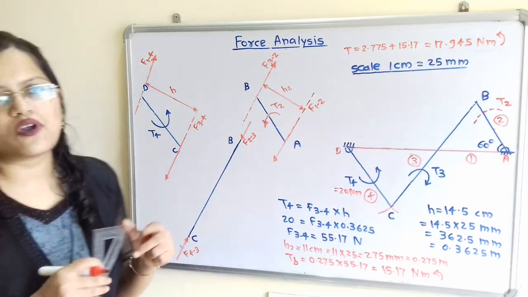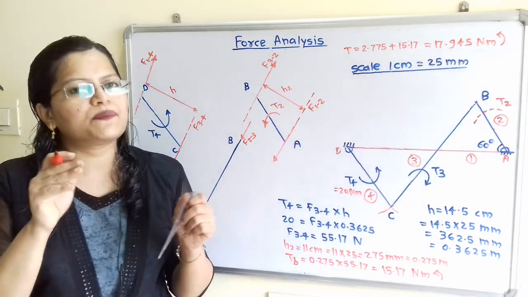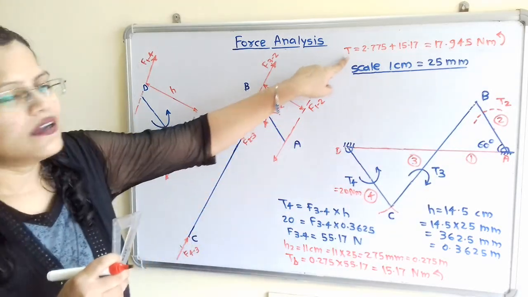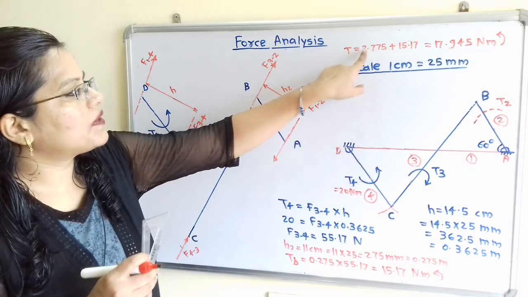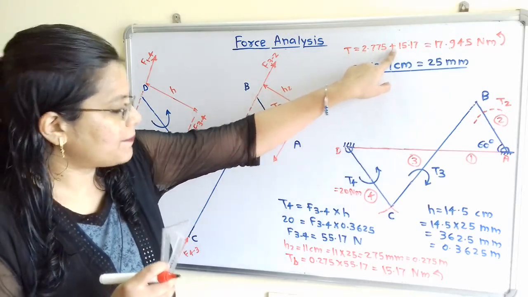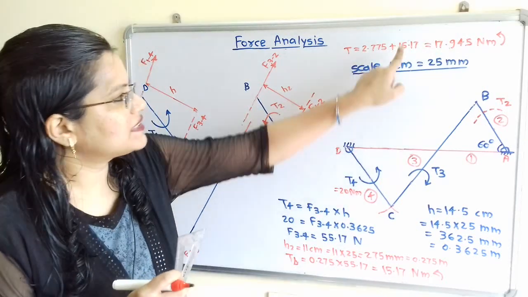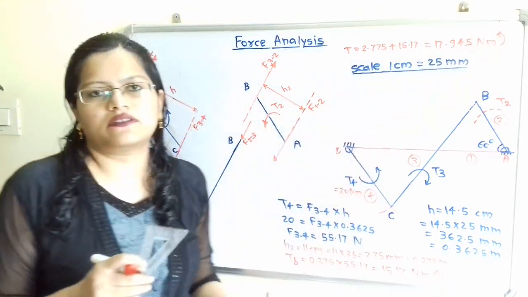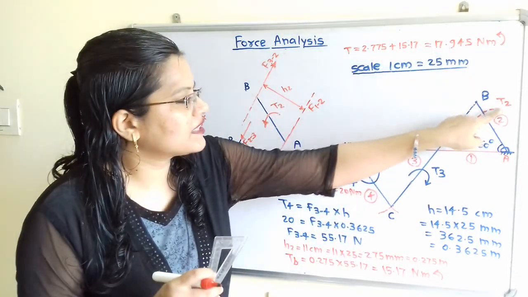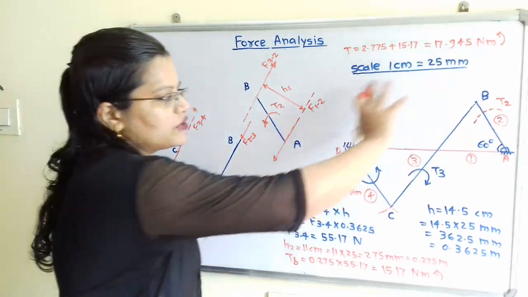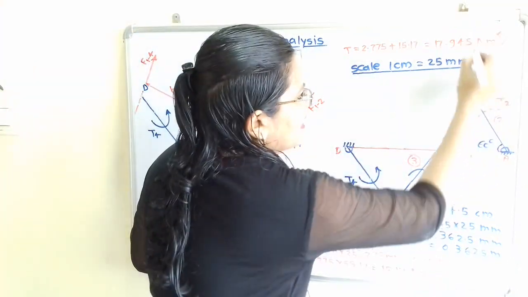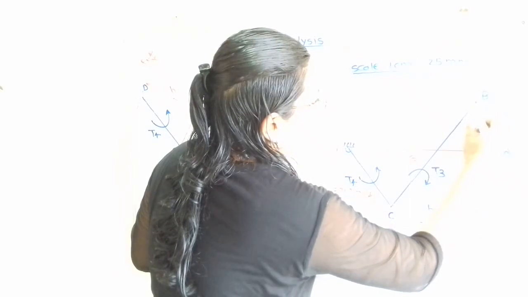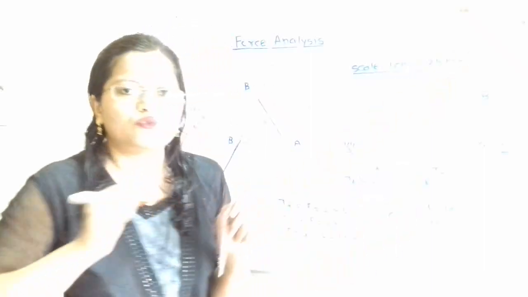So for the anti-clockwise direction, if we consider the plus sign, then here resultant torque is equal to plus 2.775 plus 15.17, which is equal to 17.945 Newton meter. And what is the direction of the resultant torque? So finally, for this whole mechanism, direction for this T2 is in anti-clockwise direction, and magnitude is 17.945 Newton meter.